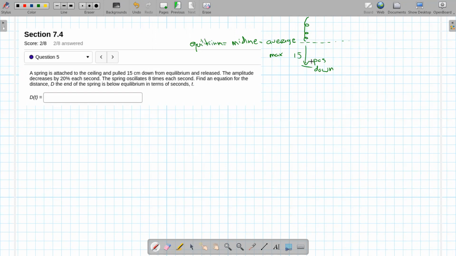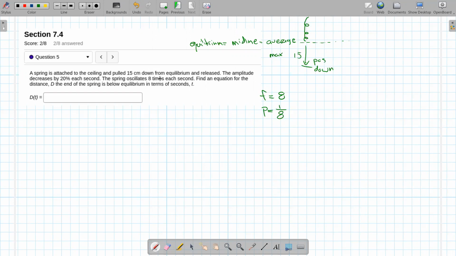So since we're starting off with it being at its max, we're going to want to use a cosine function here. And then the 15 centimeters is going to be my amplitude. Now it oscillates 8 times per second. So they're telling me the frequency, because remember, frequency is a per second. So they're telling me the frequency is 8. The frequency, remember, is the reciprocal of the period. So the period is 1/8.